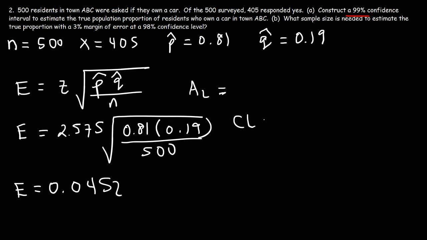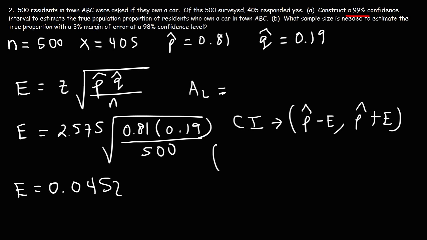So now, to write the confidence interval, it's going to be the sample proportion minus the error, and the sample proportion plus the error. So 0.81 minus 0.0452 is 0.7648. That's the minimum value.